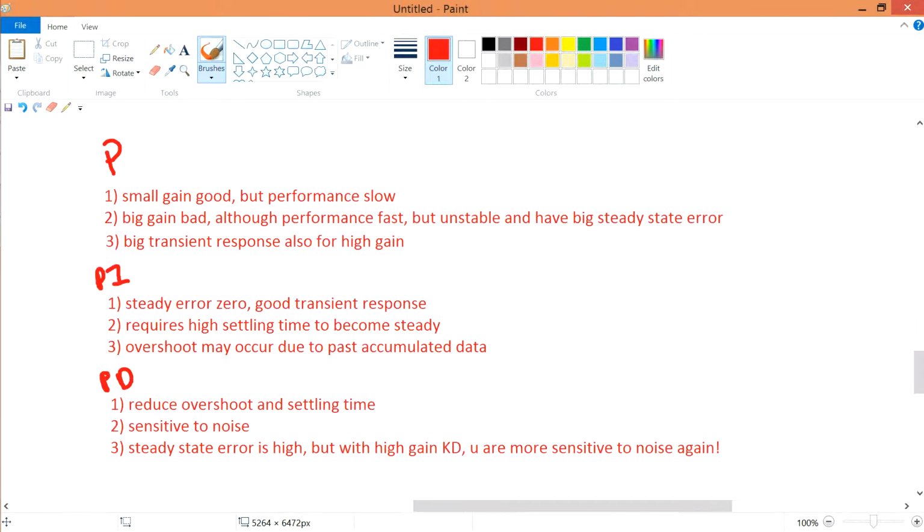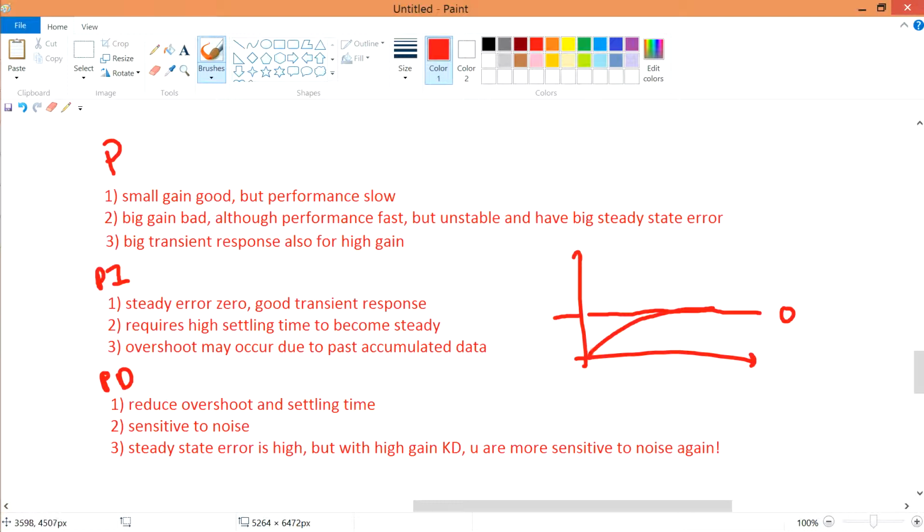Alright, and therefore as you can see, let's ignore the proportional controller because it's just some constants. Let's talk about PI and PD. Alright, PI has no steady state error, meaning it's 0. Meaning if you have a low gain with something like this and a high gain, normally steady state error means that, in other words, this is your desired output.